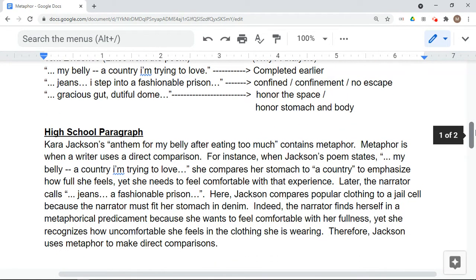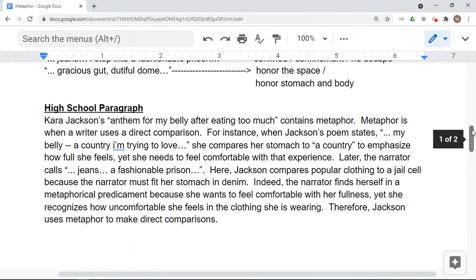So Kara Jackson's anthem. Sorry, I tend to put my index finger and close it up under my thumb here and just do that thinker look, under my chin. And so if my voice changes, that's why, because I'm feeling very, very smart. High school paragraph. Kara Jackson's anthem for my belly after eating too much contains metaphor.